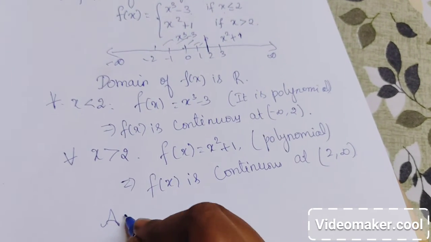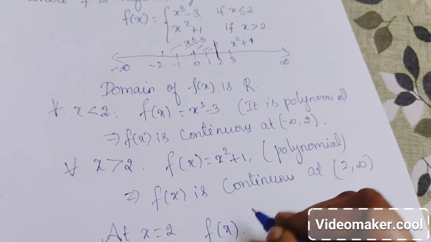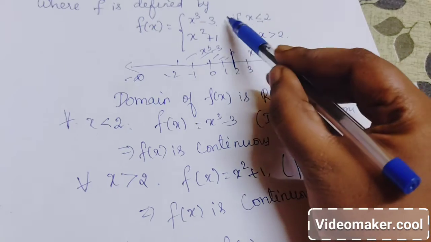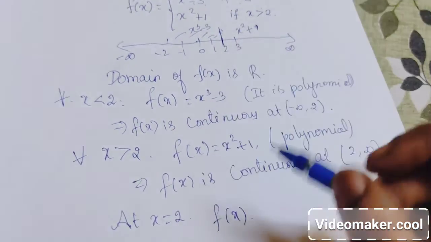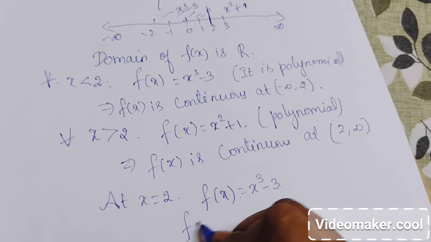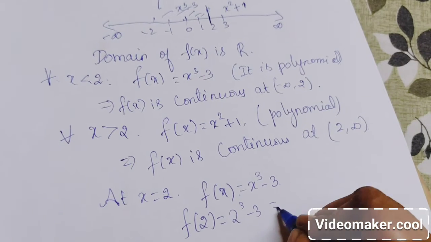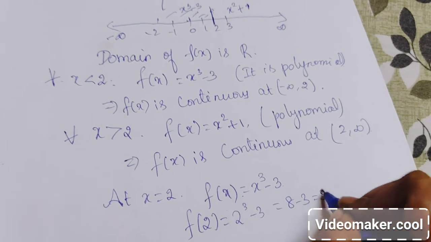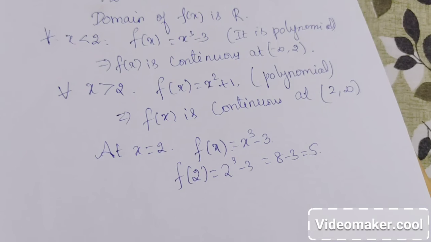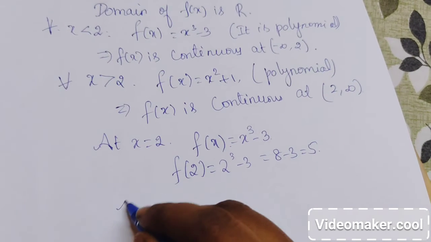So we'll consider x equal to 2. When the value of x equals 2, we can take f of x as x cube minus 3. So the functional value will be 2 cube minus 3, which is 8 minus 3, that is 5. So 5 is the functional value at 2. Now we will calculate the left hand limit.